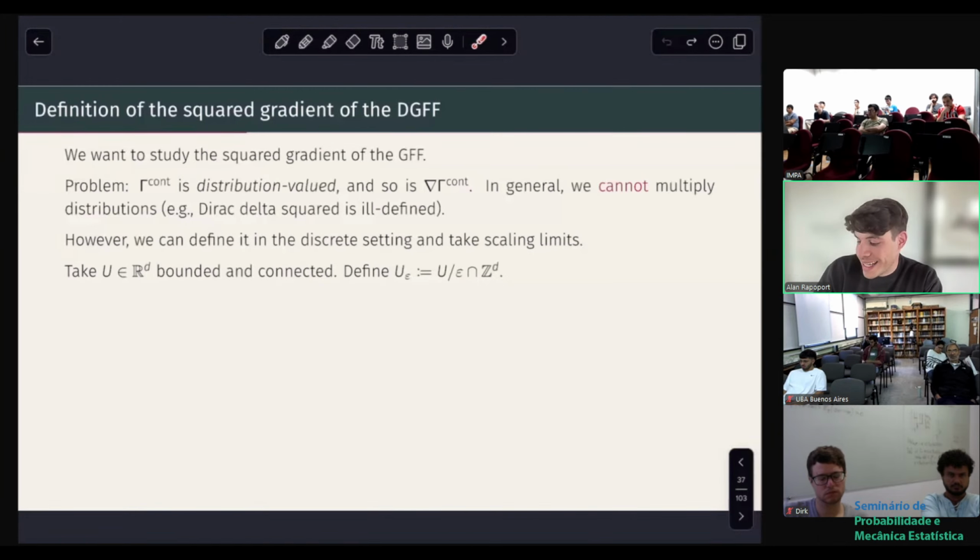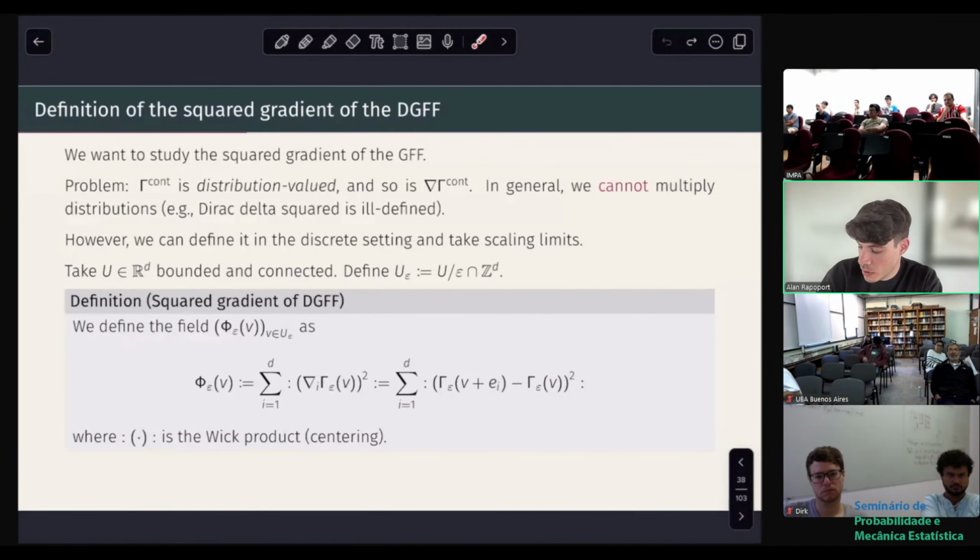So we'll take exactly the same setting as before, as in the case of Durham. And we will define, well, exactly this, just the gradient squared, and this is a sum over all directions, so basically this is the norm. And these two columns here are, again, the recentering.